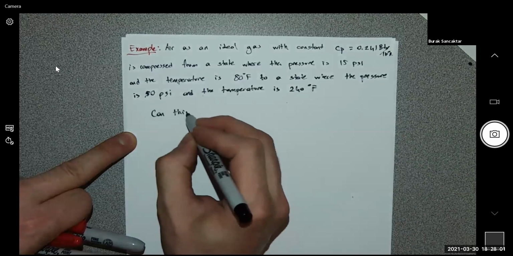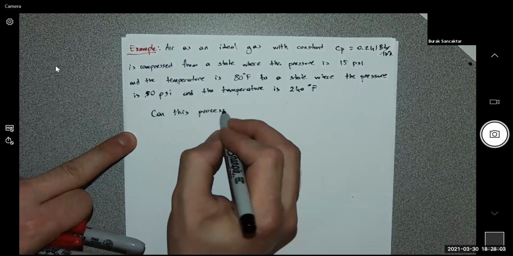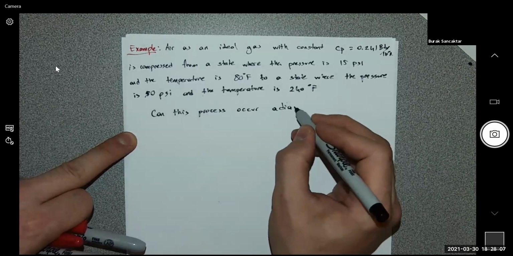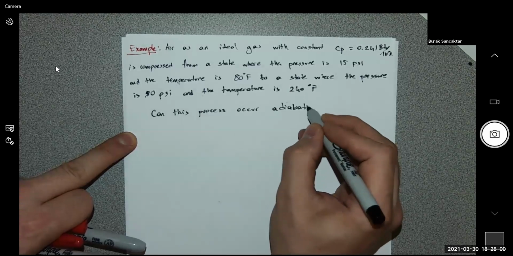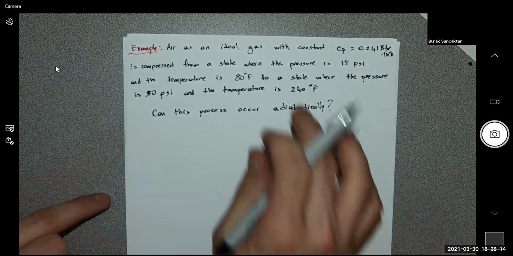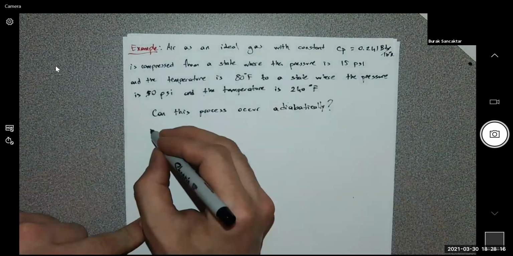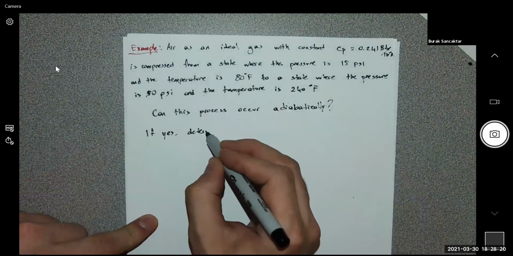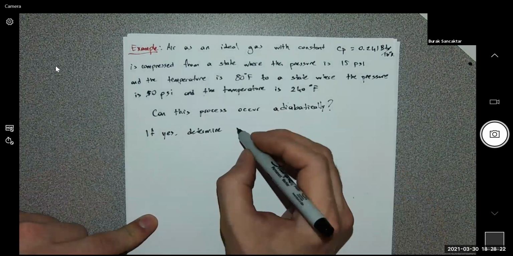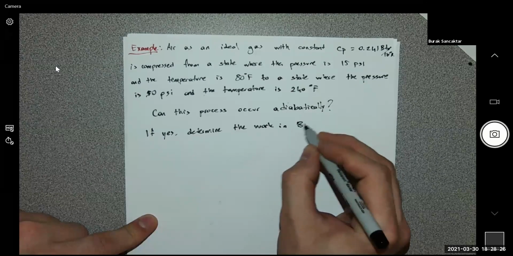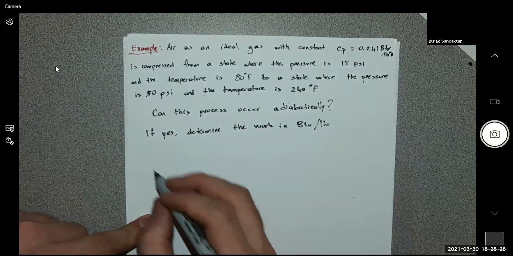Can this process occur adiabatically? We need to figure this out. If yes, determine the work in BTU per pound.